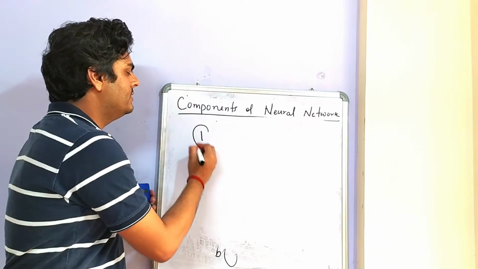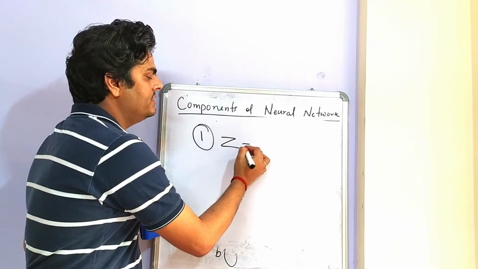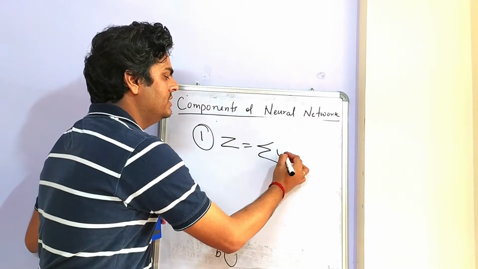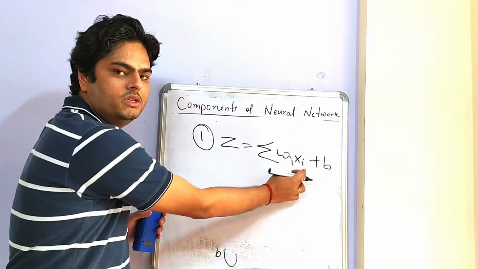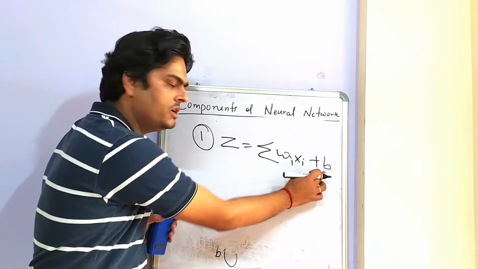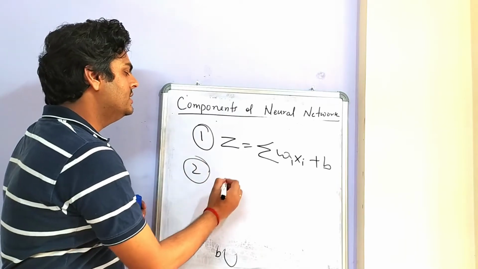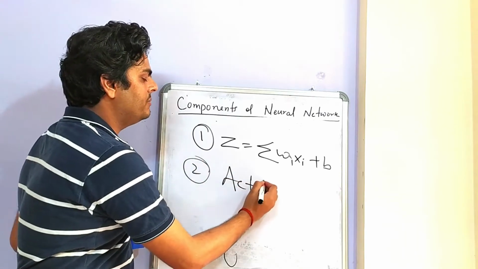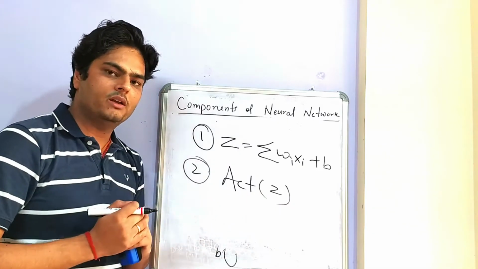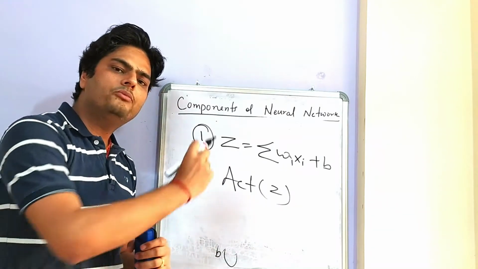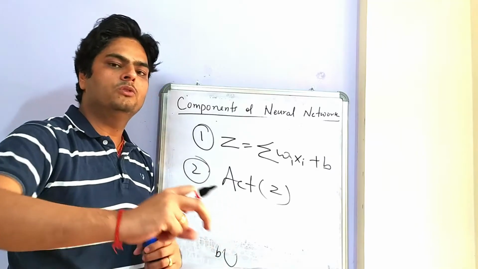Step 1 is, let's say z = summation of wi xi + b. These are weights and these are input values. This is the bias term. And in step 2, an activation function will be applied on z, which goes as input to the next layer. So this is how the feed forward mechanism of a neural network works.